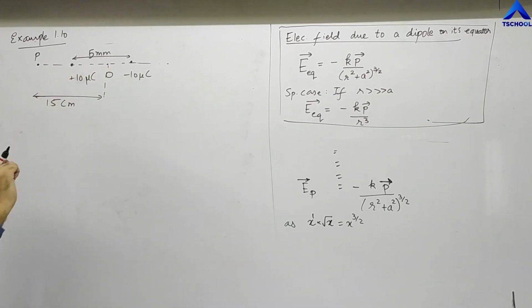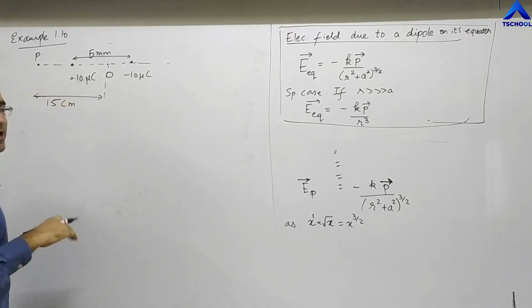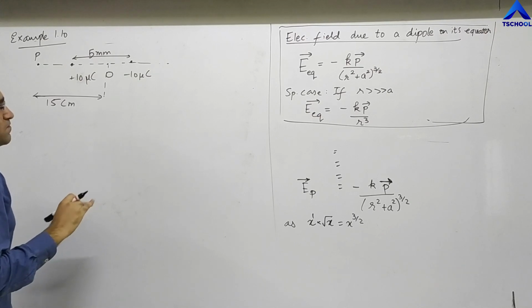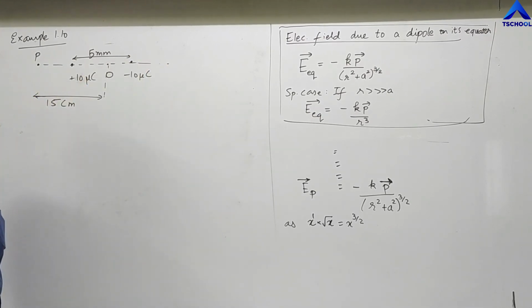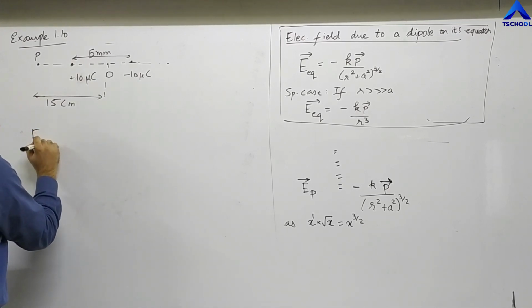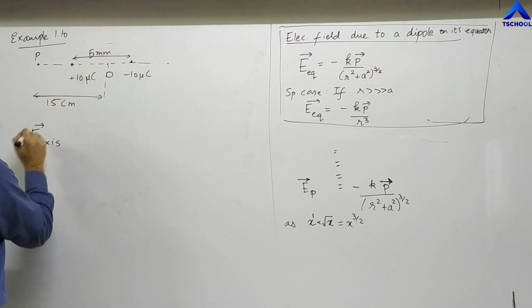So first of all, by comparing this diagram with the standard pattern, we know that this is on the axis. Is that clear? So we are going to use the electric field on the axis of the dipole.